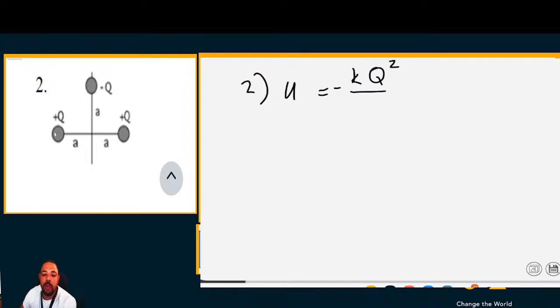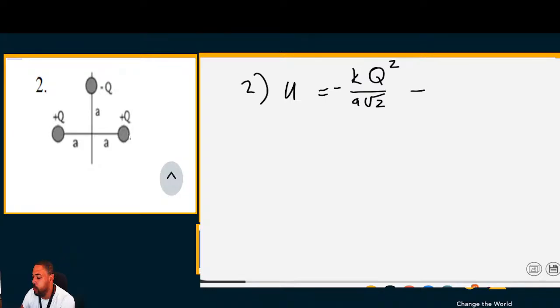The distance between this positive and the negative charge is the square root of a squared plus a squared, that's 2a squared, so a times the square root of 2. It's like the previous question. The same answer holds for the pairing between the negative one and the other positive one.